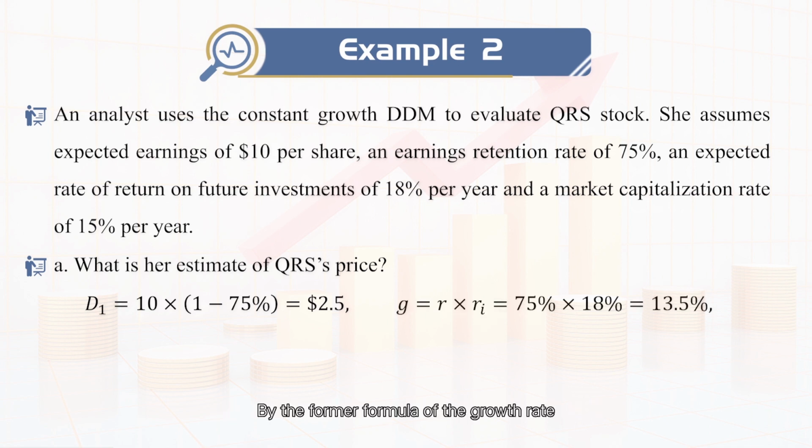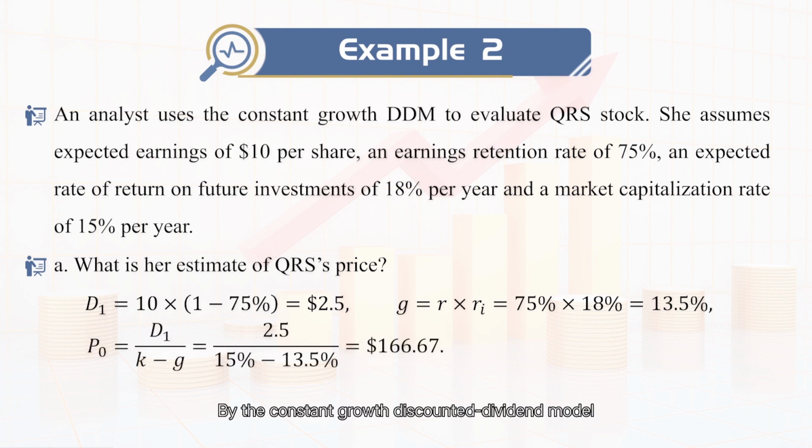By the former formula of the growth rate, g is equal to R multiplied by RI, which is 75% multiplied by 18%, which is 13.5%. By the constant growth discounted dividend model, the price P0 is equal to dividend D1 divided by the market capitalization rate k minus the growth rate g.